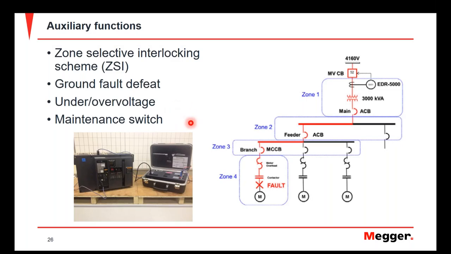Or is there a presence of a maintenance switch? What a maintenance switch will do, whenever you turn it on, is default all your settings to the minimum values. If for some reason it's on and you don't know it and you try to do a primary injection test, then obviously your breaker is going to trip prematurely and you're going to think there's something wrong with it. So it's important to understand whether or not there is a maintenance switch on the breaker that you're testing.